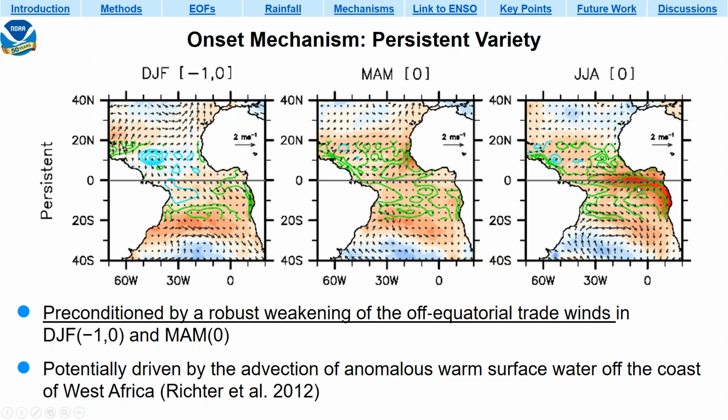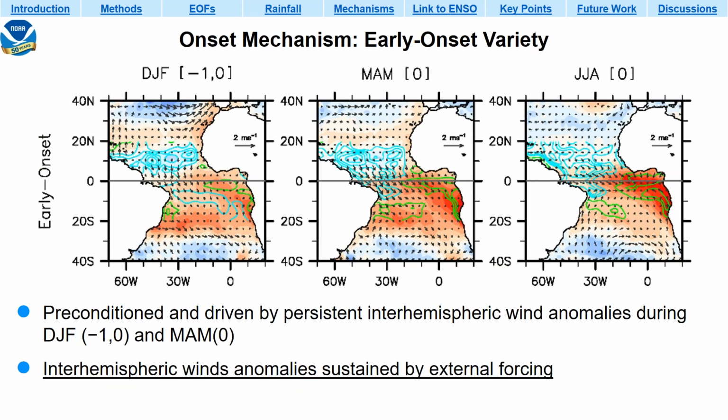So it seems like that is the only explanation for this flavor. We're glad that we found this paper, but we'd like to study more later with a heat budget analysis to confirm this hypothesis.